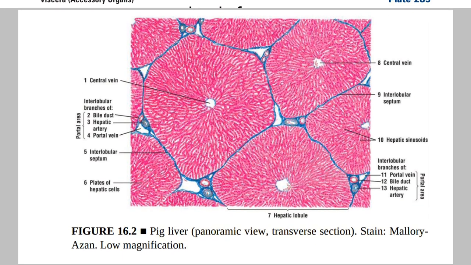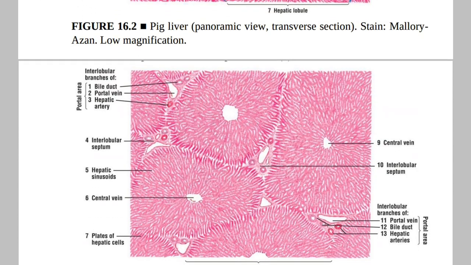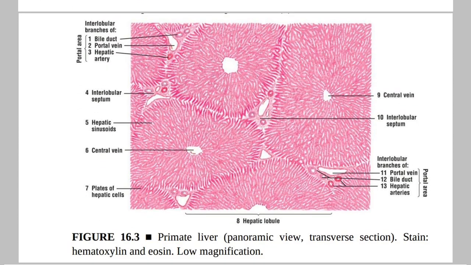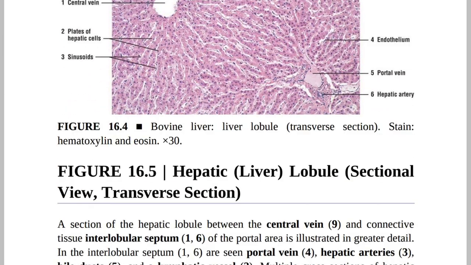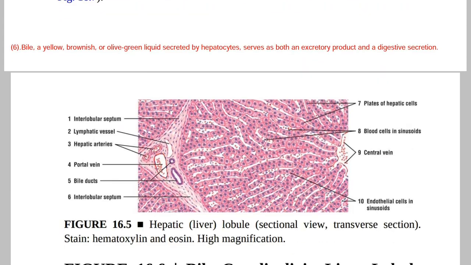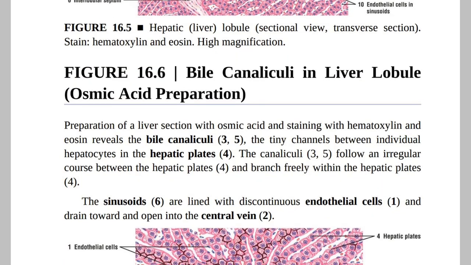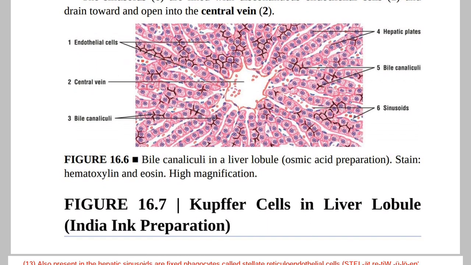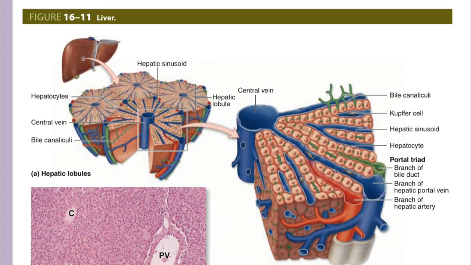Then a few histological slides I am showing you. Pig liver, transverse section, primate liver, bovine liver, hepatic lobule, transverse section, bile canaliculi in liver lobule, and this.